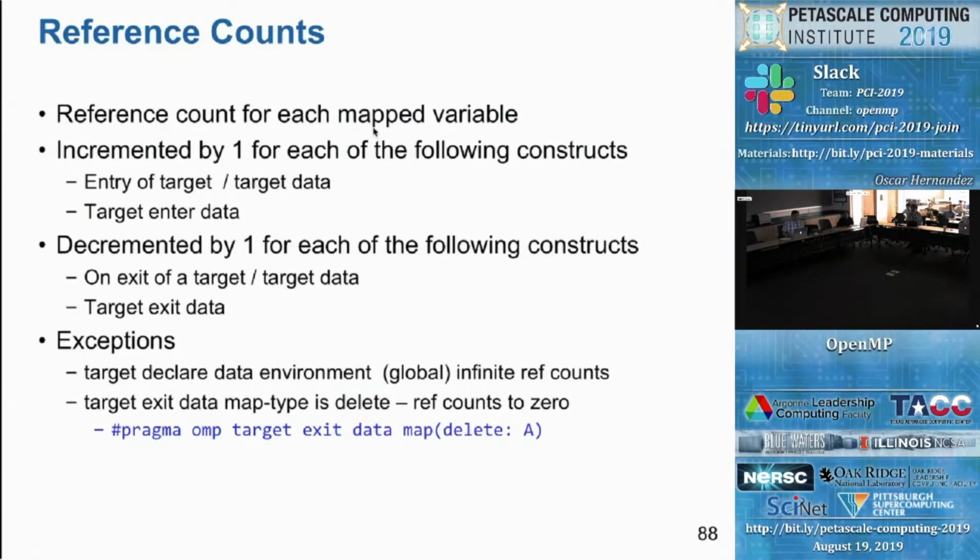Then whenever you encounter more data regions that try to map these variables, it will continue increasing that reference count, but only when the reference count goes from 0 to 1 are we going to do data transfers using these target data directives. The same thing applies when we're copying data out, when the reference count goes from 1 to 0.